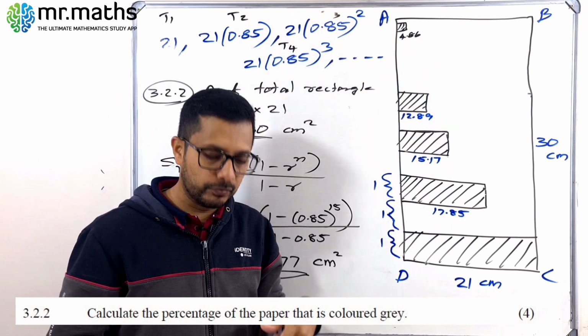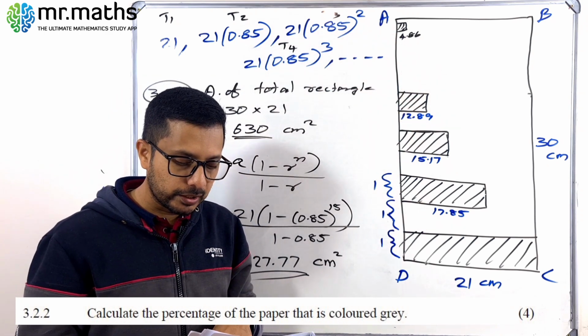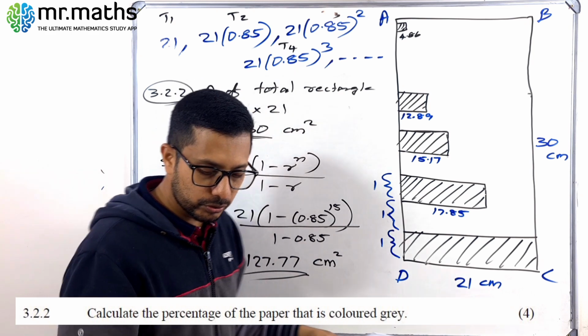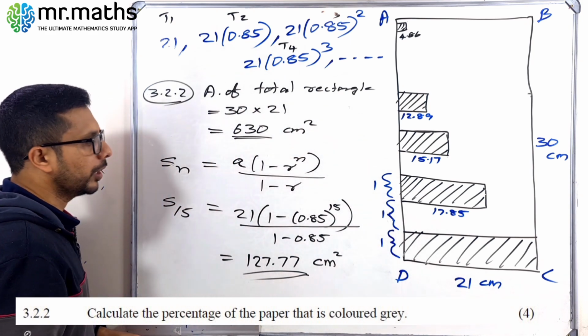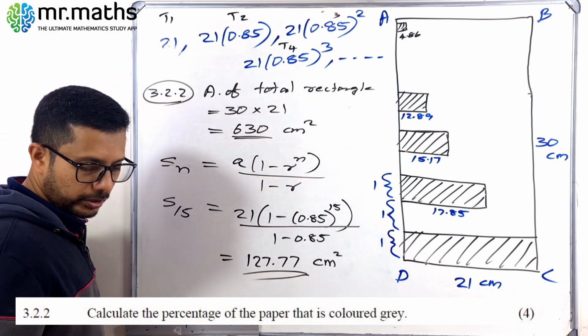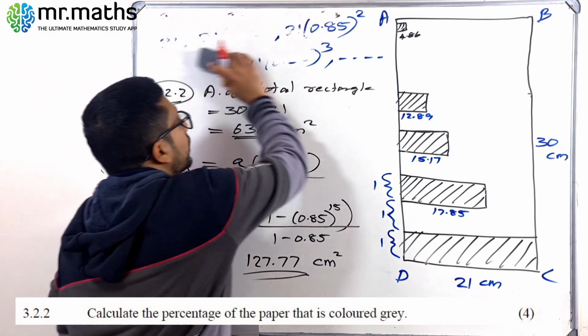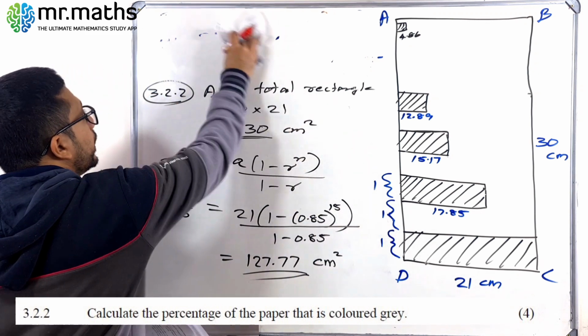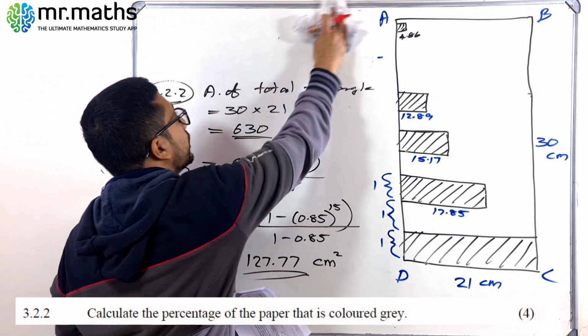So what is the question? Look at the question. Calculate the percentage of the paper that is colored gray. So now you have to find the percentage of the paper. So how can I find the answer? Let me erase this top one.